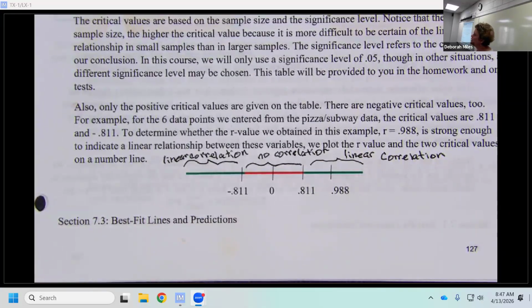So now we're not just going to look at a scatter plot and say, it looks like a strong correlation to me. Or we're not going to look at just an R value and say, it looks like a strong linear correlation to me.